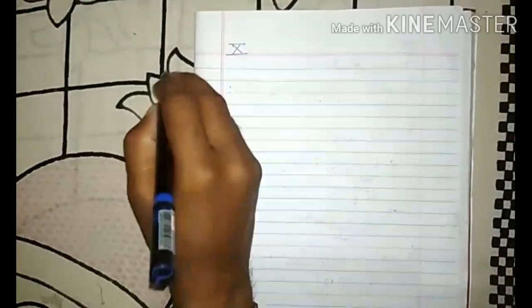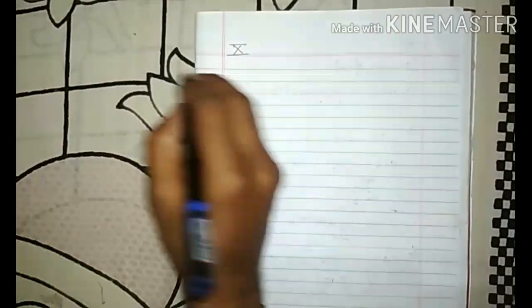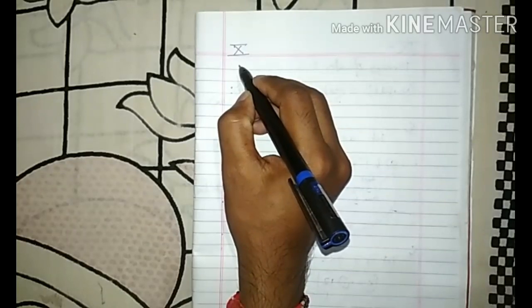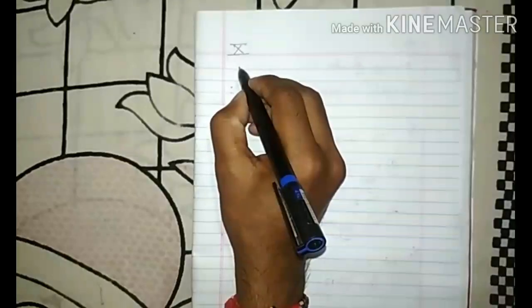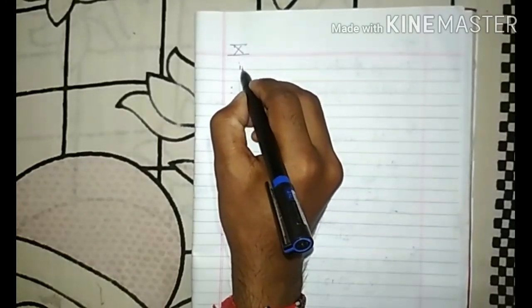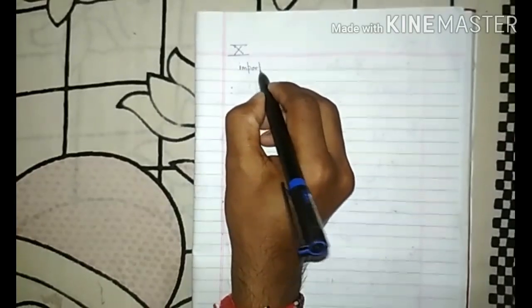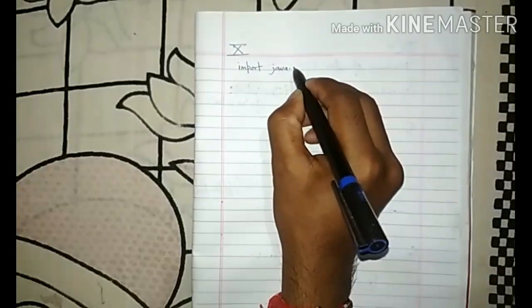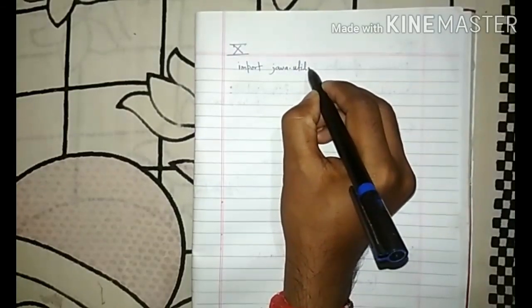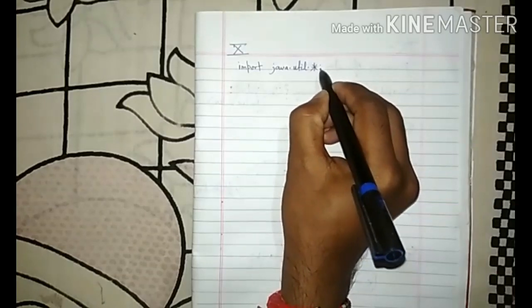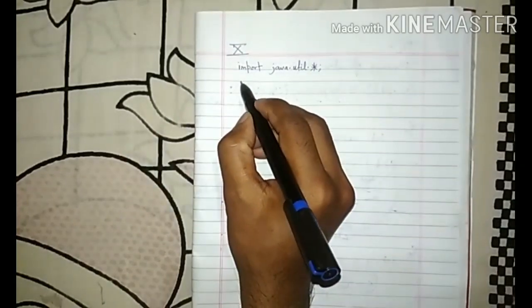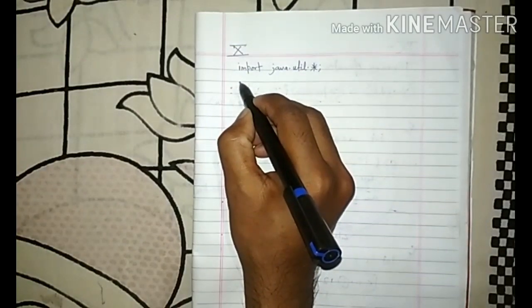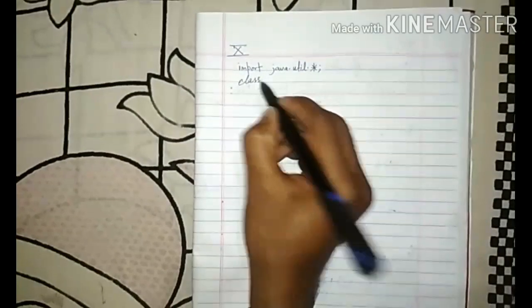In the first line, because we have to perform explicit input operation, first I write import java.util.Scanner. Then class name.